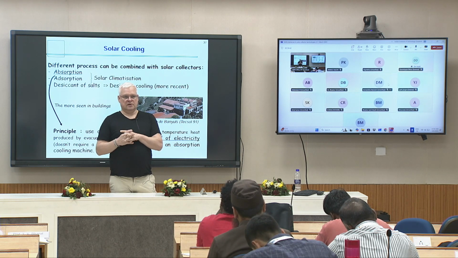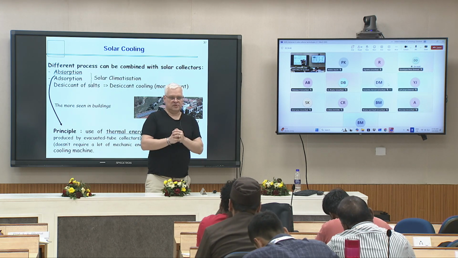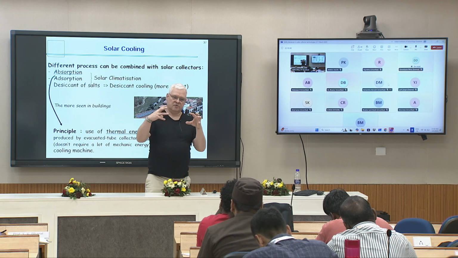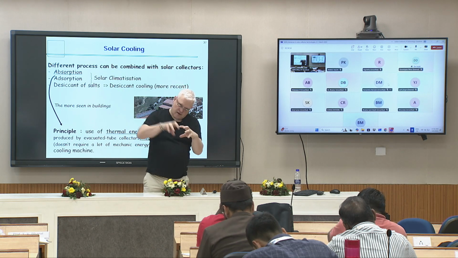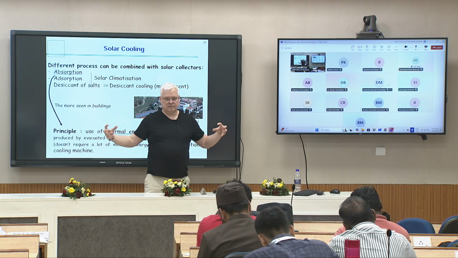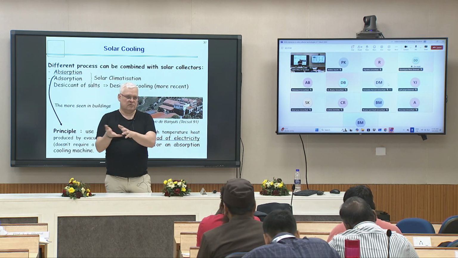Zeolite plus water is an adsorption machine, so it's a solid. You bring humidity, they mix together, and inject heat. When you want to separate, you heat them to separate. Adsorption machine is solid plus liquid or gas.